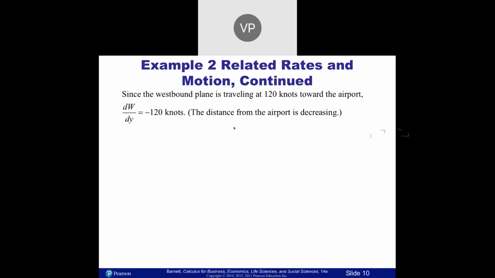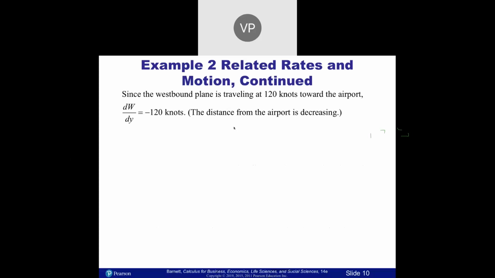Now, they tell you the westbound plane is traveling 120 knots, all right? It's toward the airport. So remember, I just talked about w is getting smaller. That's why dw, and I'm not sure why they called it y, but we'll roll with that one, I believe they mean to call that dw dt.